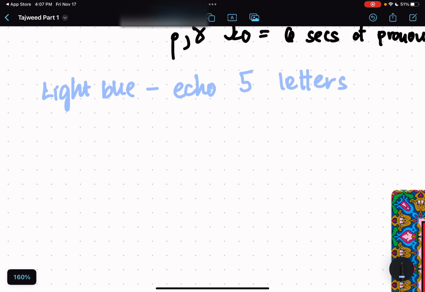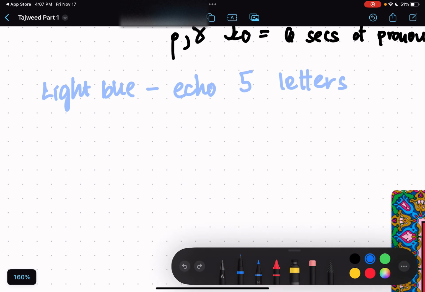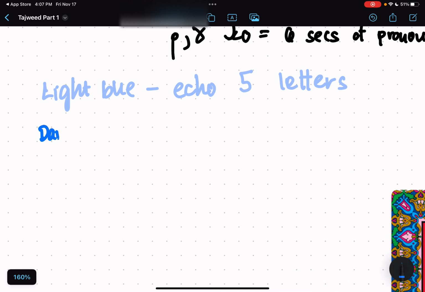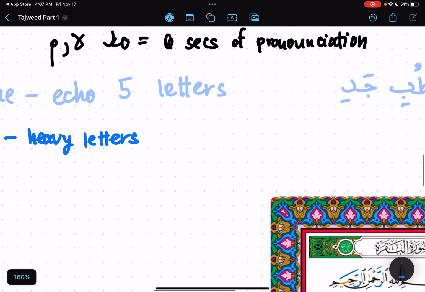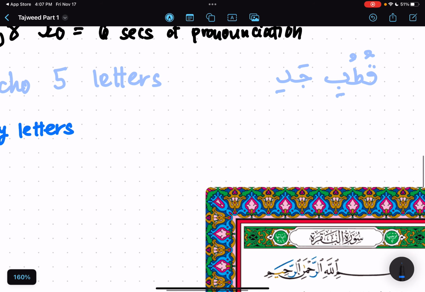And then we have a dark blue color. These colors are going to be heavy letters. There's another acronym for this one.